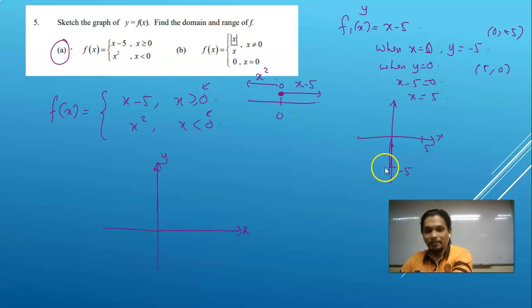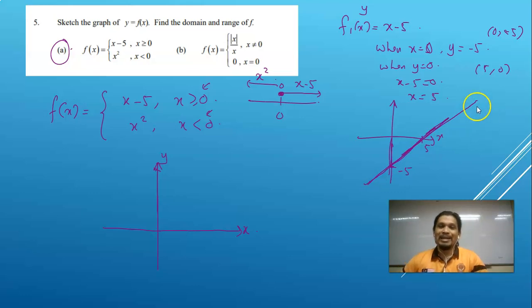Okay, I'll try. Okay, something like this. I'm not using a ruler for this one. So this is the graph of x minus 5 in general, because all values of x can be used; we substitute, and the function is defined.